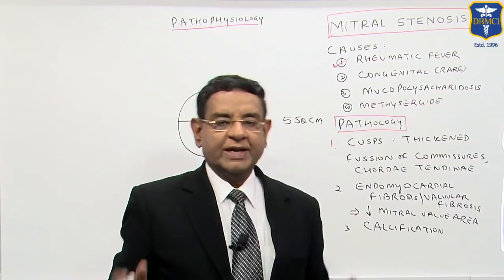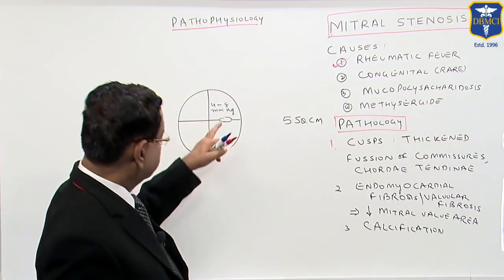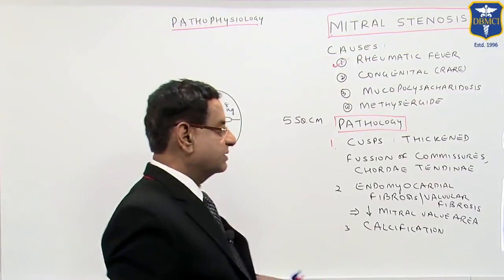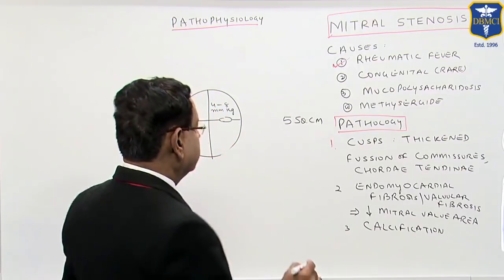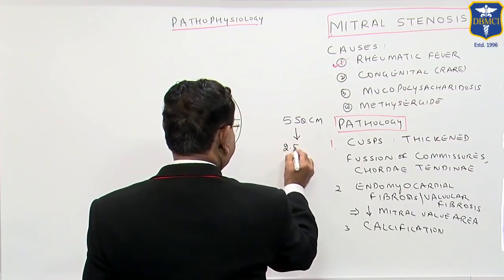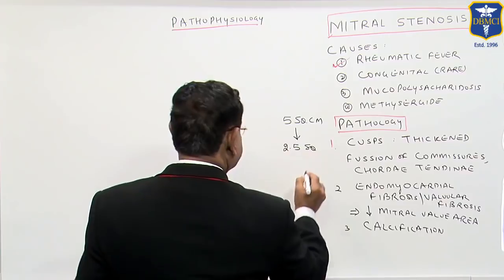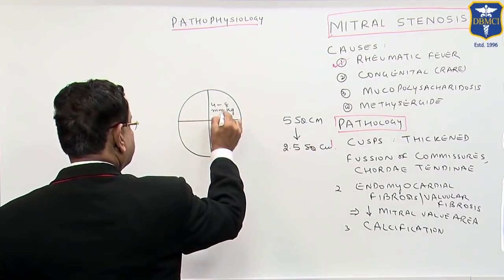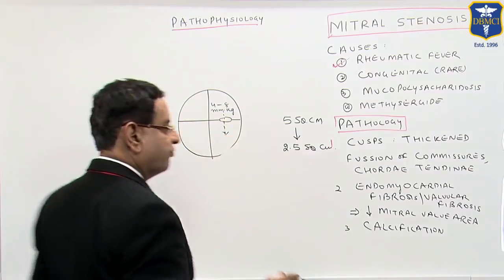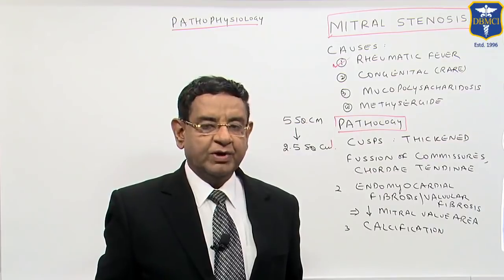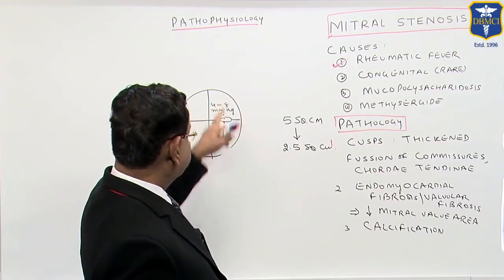Now what happens? When due to mitral stenosis the area is reduced, when the area becomes 2.5 square centimeter, then blood is not able to flow freely from LA to LV, from left atrium to left ventricle.